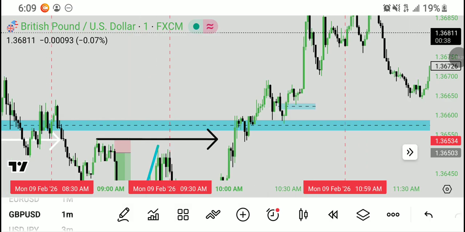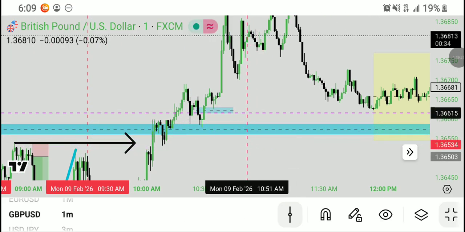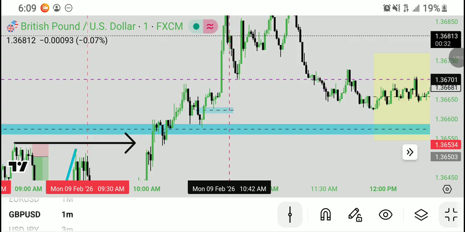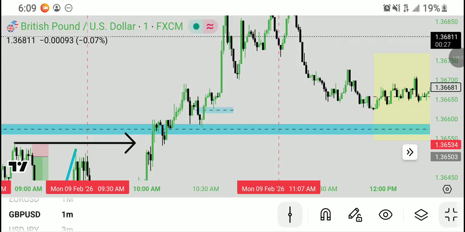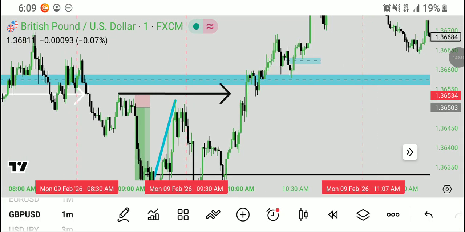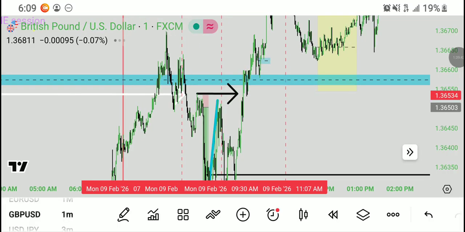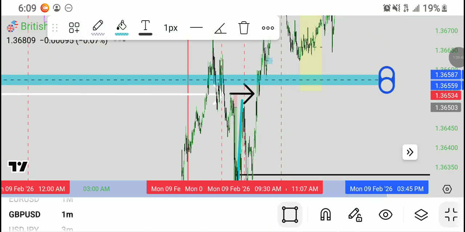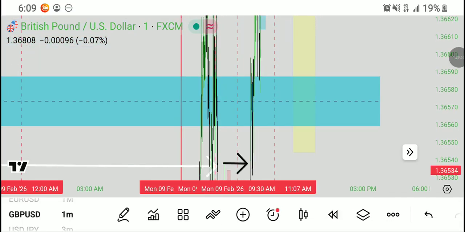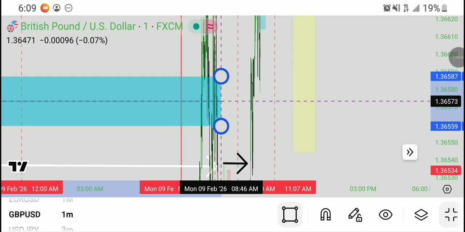From there, 11 o'clock where the market closed. You can see how beautiful it looks.